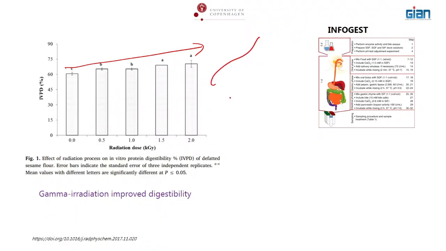Now you unfold them, and maybe they're more accessible to enzymes in the stomach. In this case, the in vitro protein digestibility is better. Also, because of gamma irradiation, peptide bonds can be cleaved, and then the digestion will apparently increase immediately.